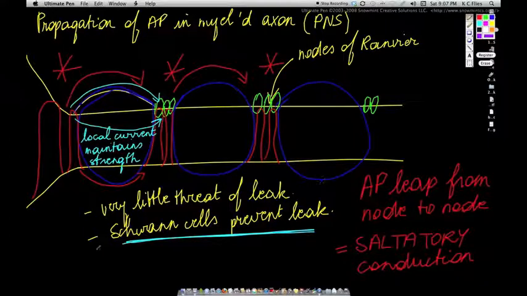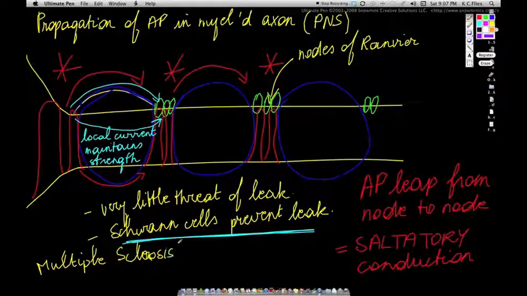And this brings up the concept of multiple sclerosis, or MS. Multiple sclerosis is a disorder of demyelination in the CNS.